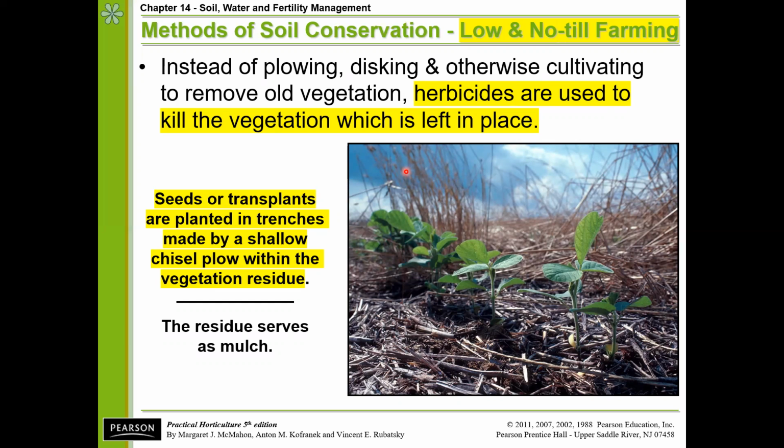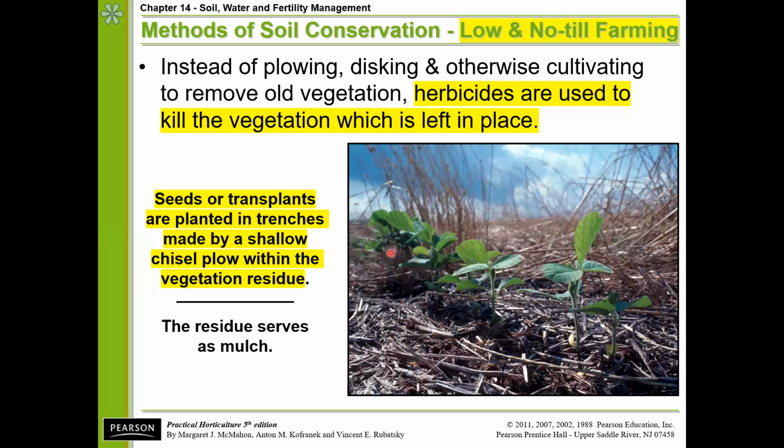But the idea is that once you have that soil worked, you're going to leave some vegetation in place. And often they will use herbicides to kill the vegetation that is left in place. Lots of acreage of the Midwest has been converted to low or no-till as a way to conserve soil. And I think it does require some special equipment.